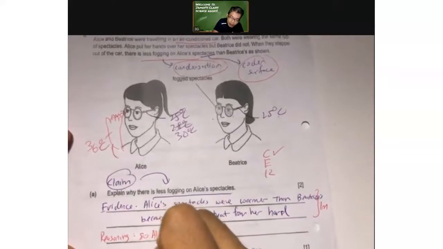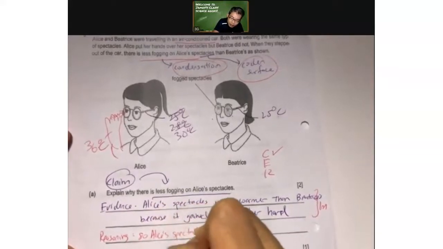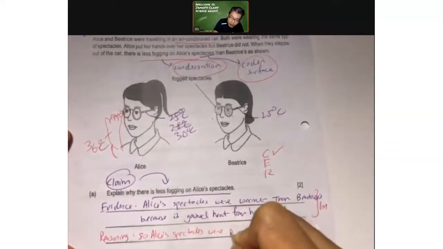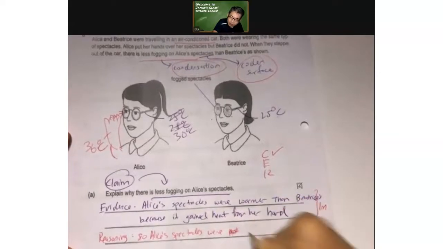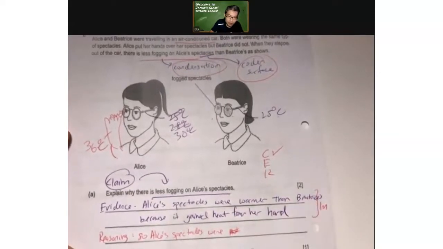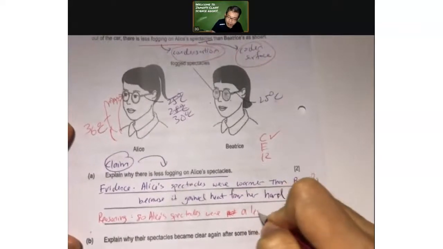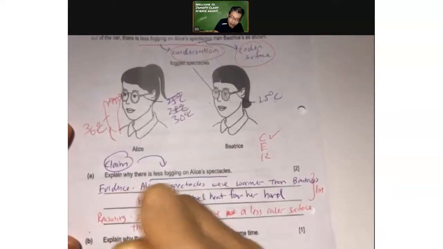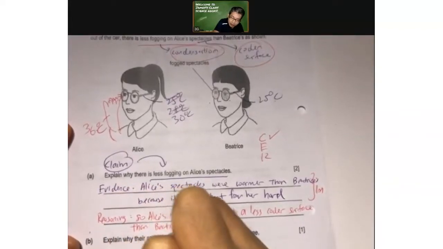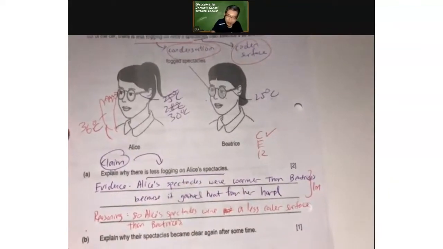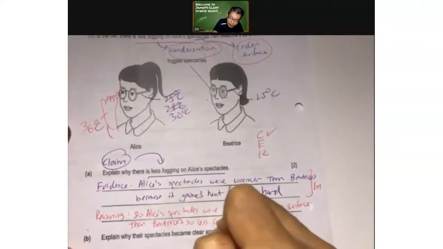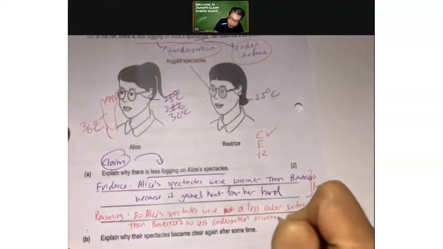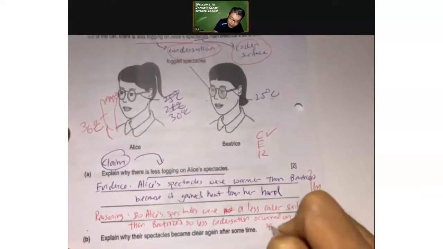So Alice's spectacles were a less cooler surface than Beatrice's. So less condensation occurred on her spectacles.